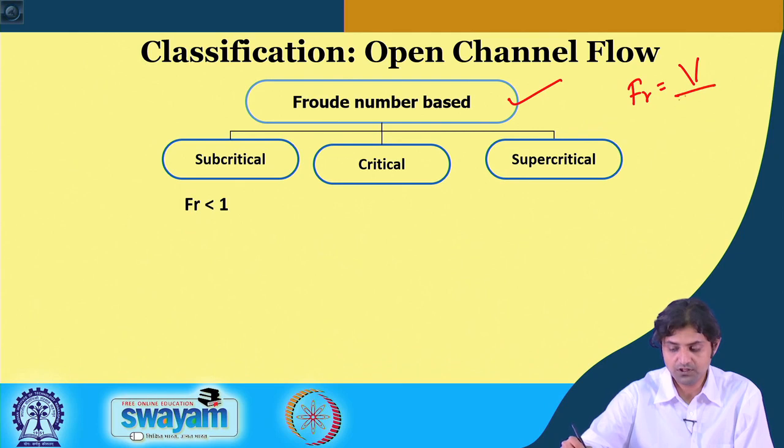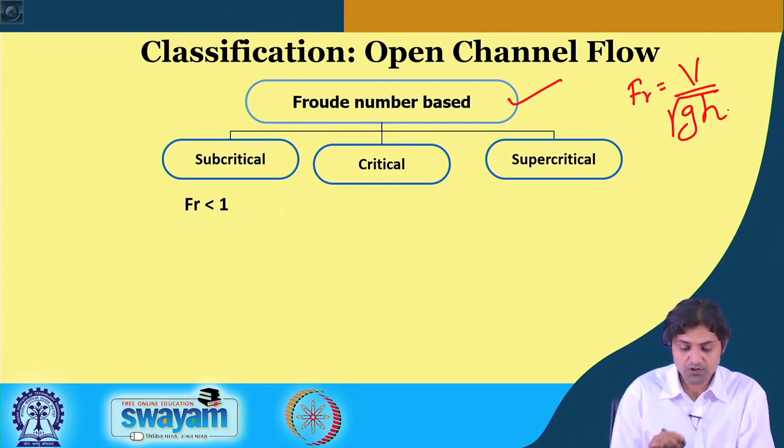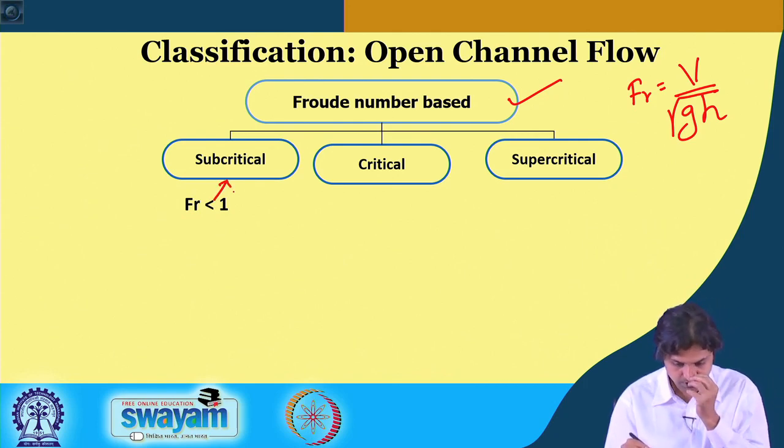It is V by square root of g H, where H is the depth of the water in this case. If Froude number is less than 1, the flow is subcritical.